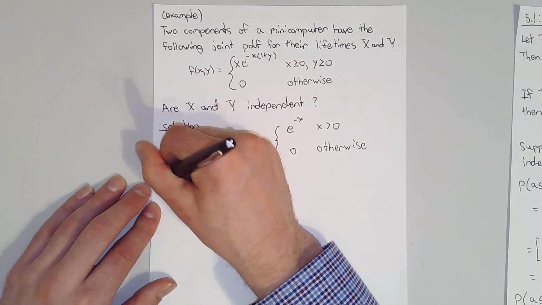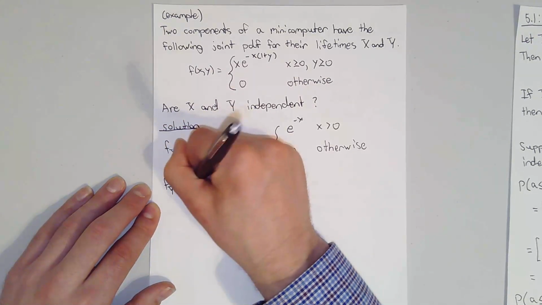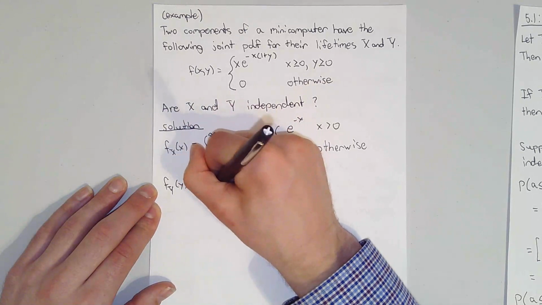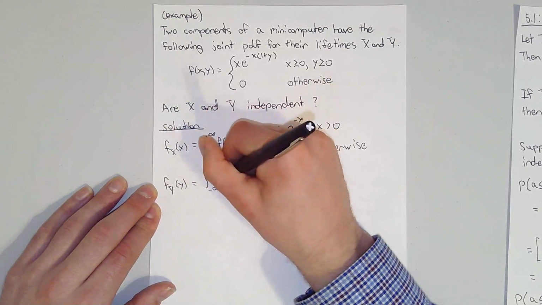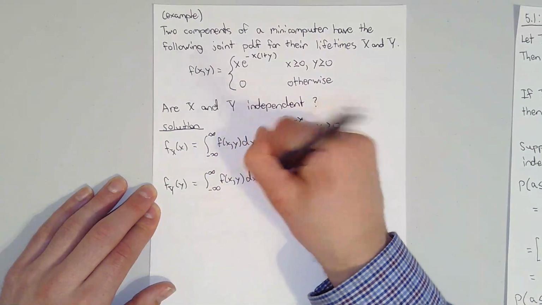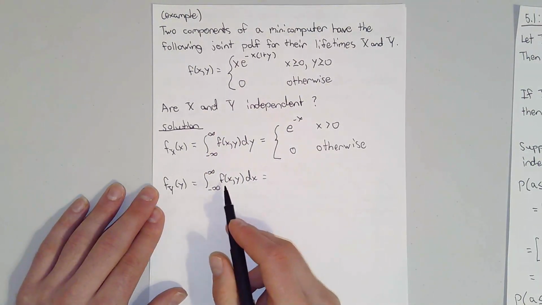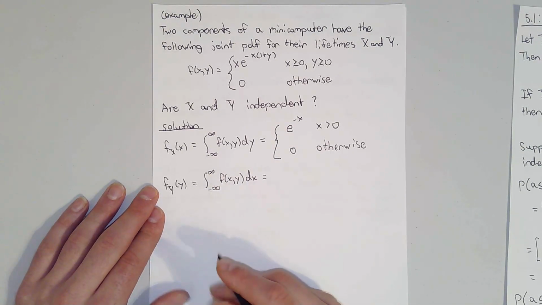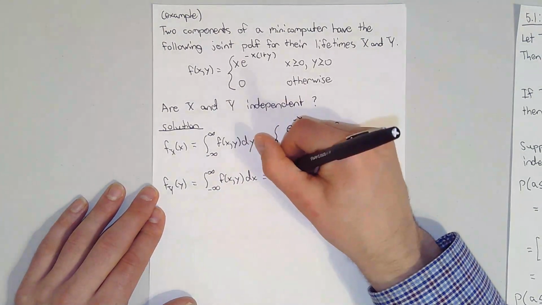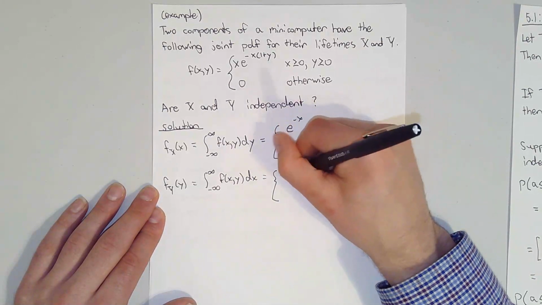Similarly, for the marginal PDF of capital Y, this is the integral from negative infinity to infinity, but with respect to x this time, and it's given by the following piecewise defined function.